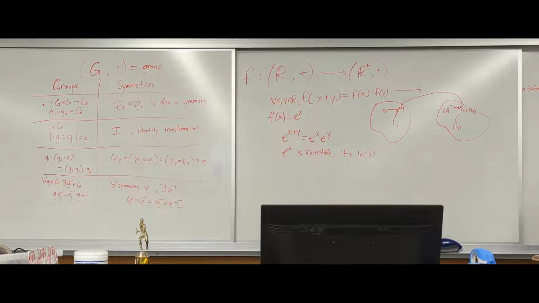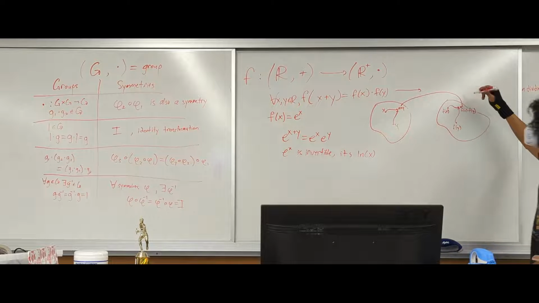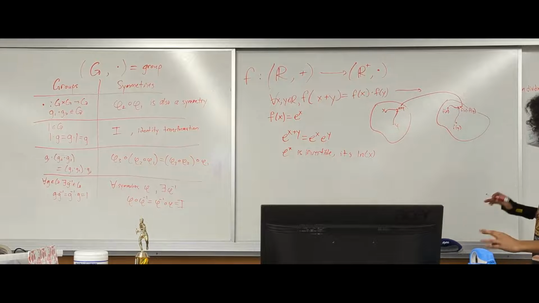Okay, so does it make sense now why this is saying that they're equivalent as groups? Yeah. Okay. So without the invertibility part, actually, never mind. Let me say it's invertible for now.